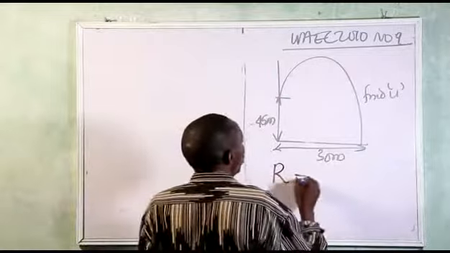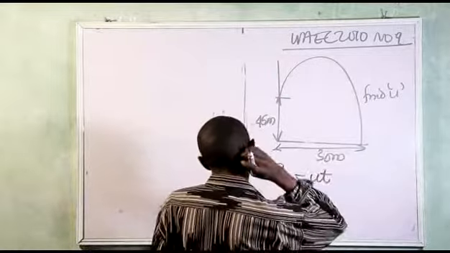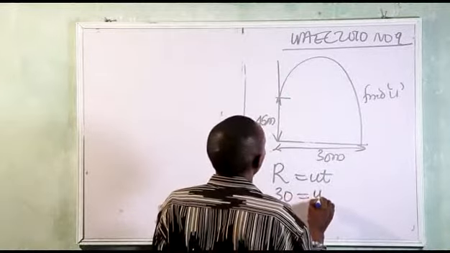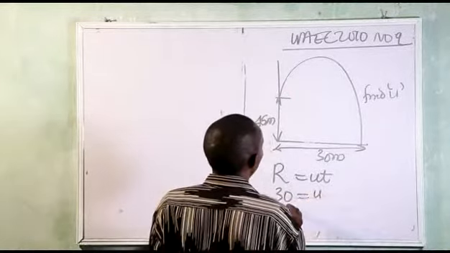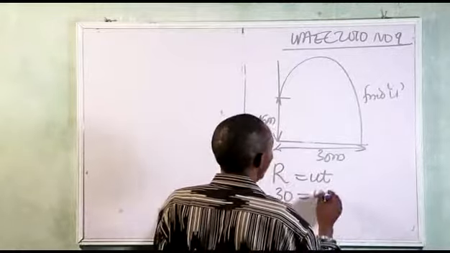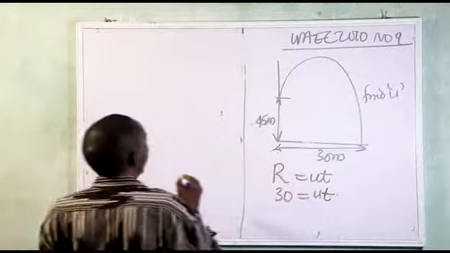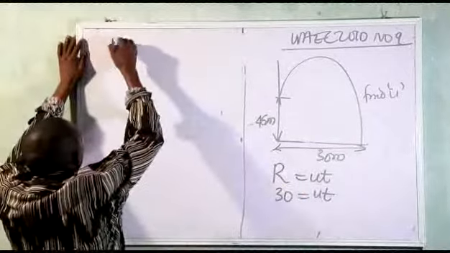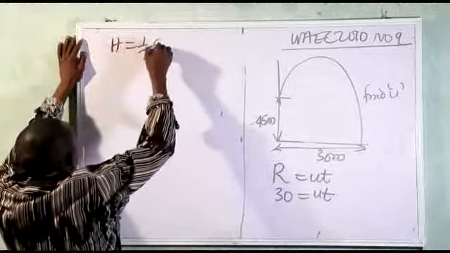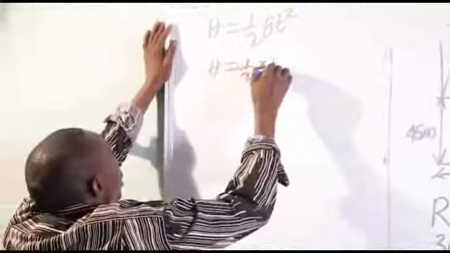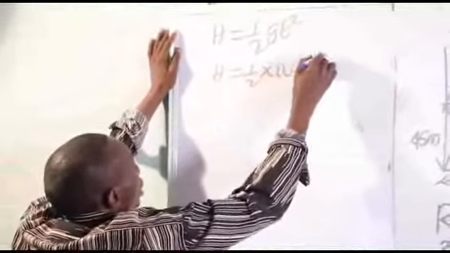R equals UT, range 30 equals U, I don't know, t, I don't know. And you see that h equals half gt squared, with g 10.